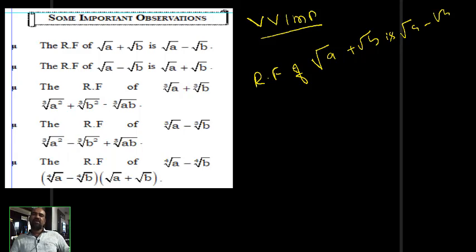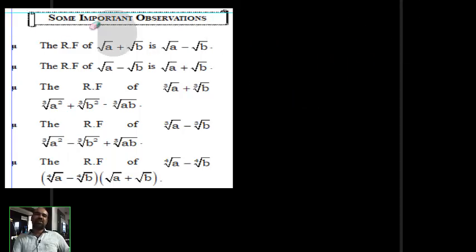RF means the product should be a rational number only. Multiply them: A plus B, A minus B, that is a rational number only. That's why from now onwards, the RF of root A plus root B is treated as root A minus root B, or the RF of root A minus root B is treated as root A plus root B only. Okay, easy. This is finding the RF of binomial surds.